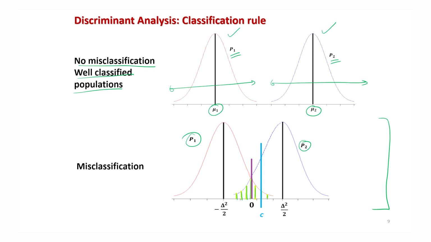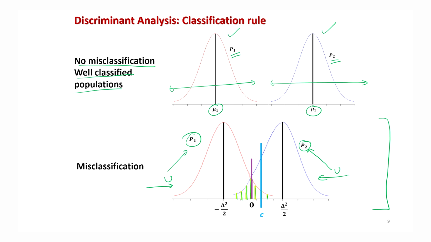And you can see the way we have computed the distribution of U, that is also going to follow a normal distribution. This is the distribution of U and this is also a distribution of U, under the two probability distributions, under P1 and under P2.